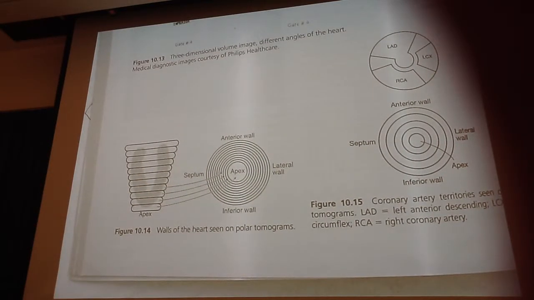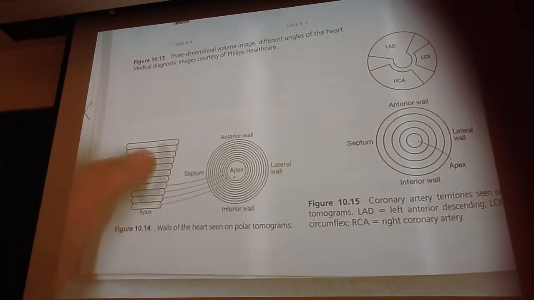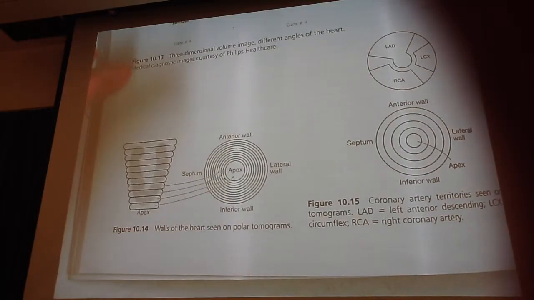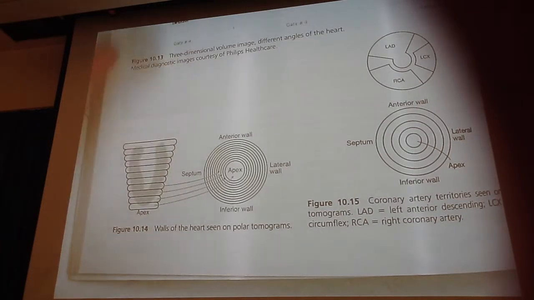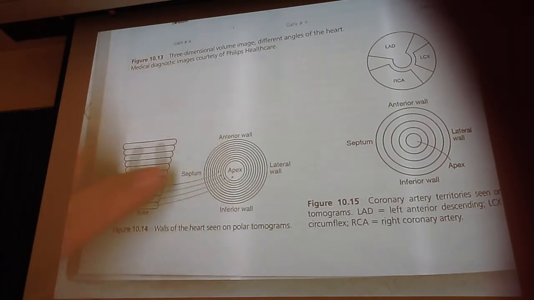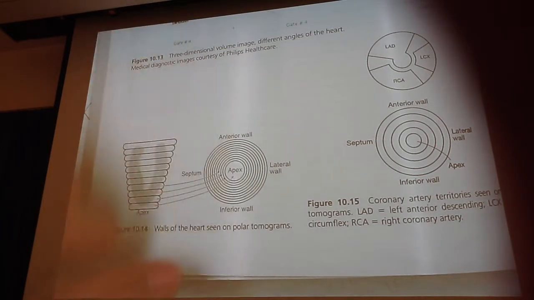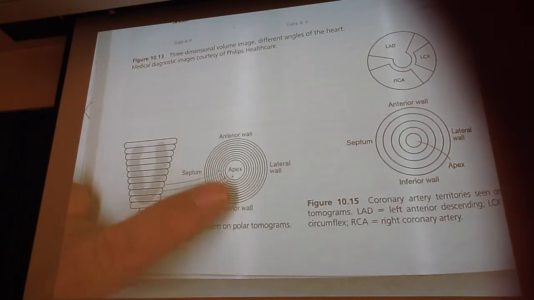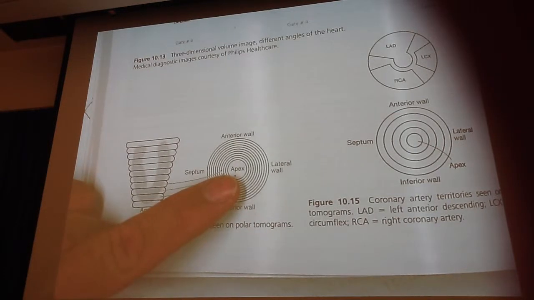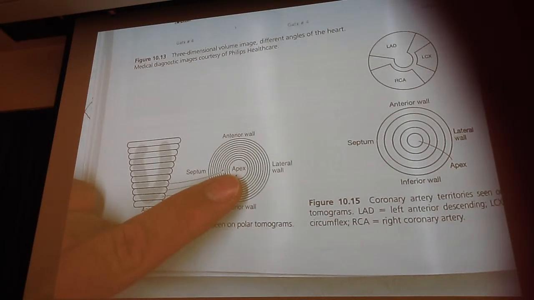Remember, we told you that these things are nothing but lines of information, lines of numbers. It's a signal, and I can take that signal and reorient it any way I want. This is true of all of our imaging. All of the axial views are used to reconstruct the other ones.